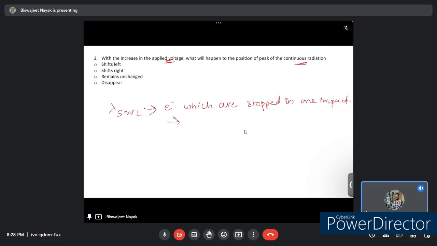So one important parameter which is defined here is called the short wavelength limit, that is, those electrons which are stopped in one impact. X-rays coming from this type of stopping will give rise to photons of maximum energy.